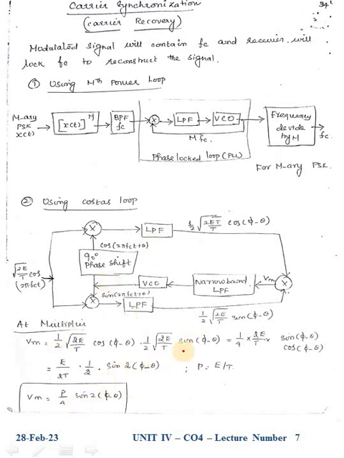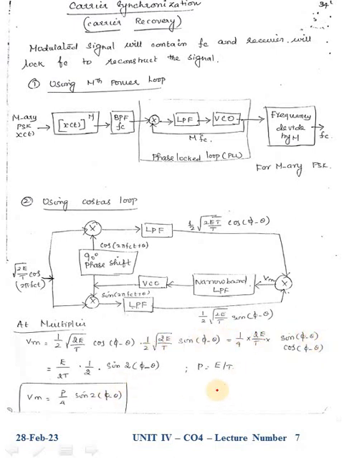The mathematical expressions are given below. Vm is equal to 1 by 2 root E by T cos (phi minus theta) times 1 by 2 root E by T sin (phi minus theta). Here it is phase shifted: the upper network receives cos, and the lower network receives sine. When we simplify this, we will get this equation.